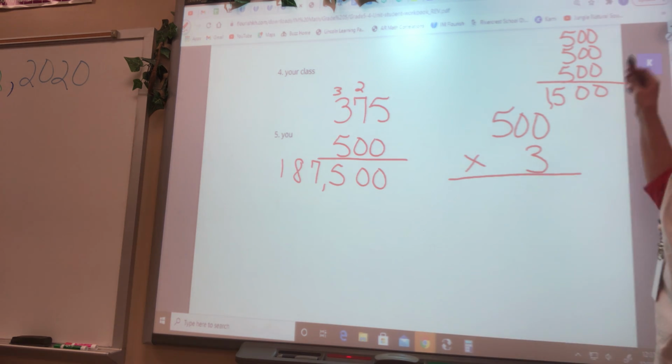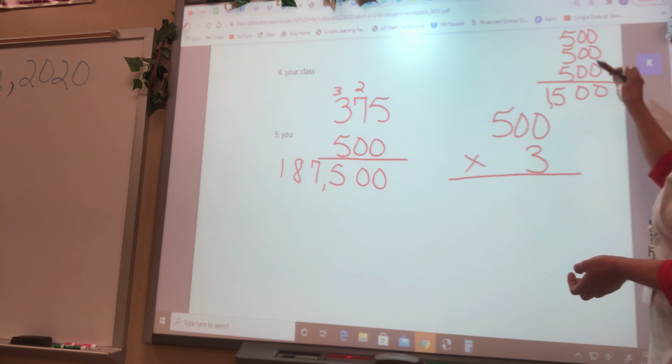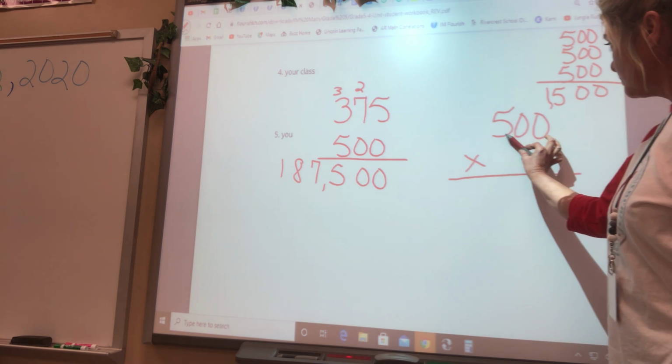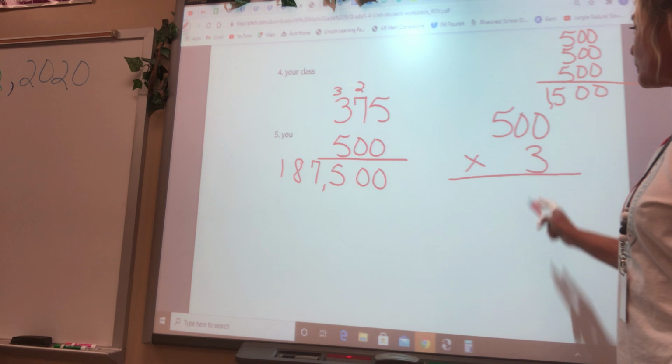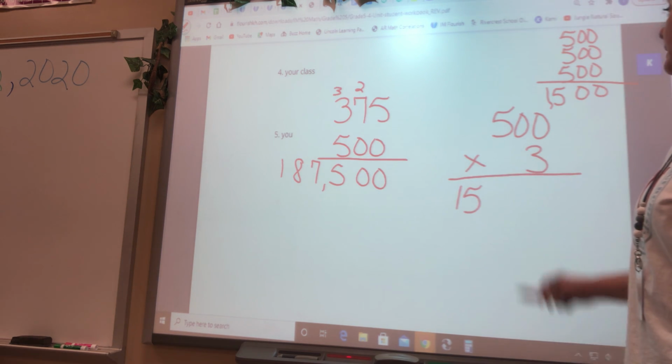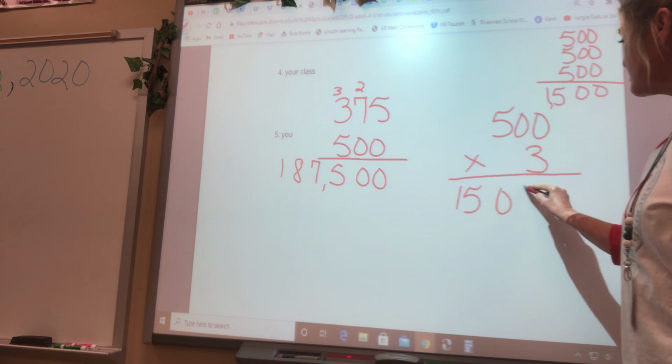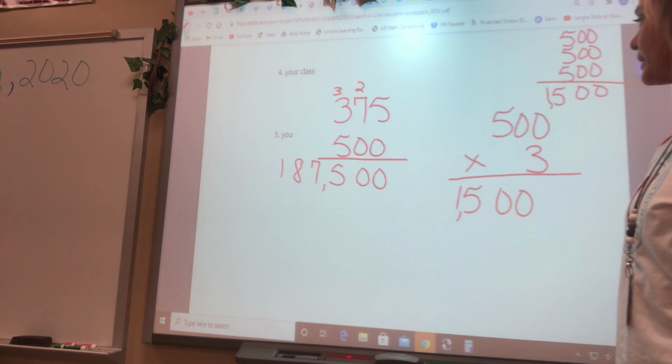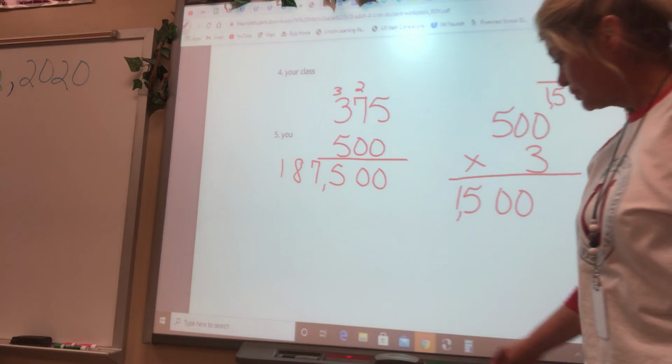Well, if I look at it as multiplication instead of addition, and I multiply my base number parts, 3 times 5 is 15, and I have 2 remaining zeros, so we still come out with 1,500.